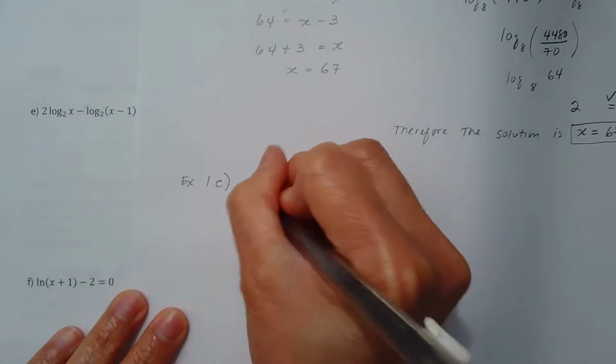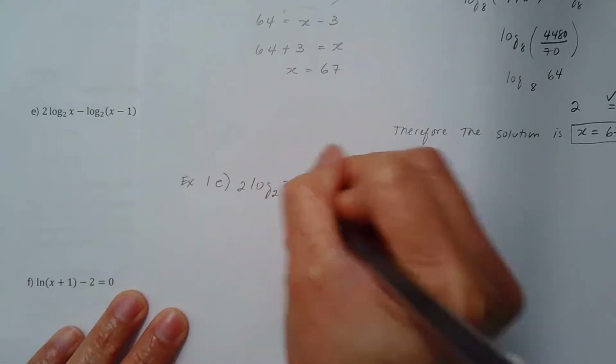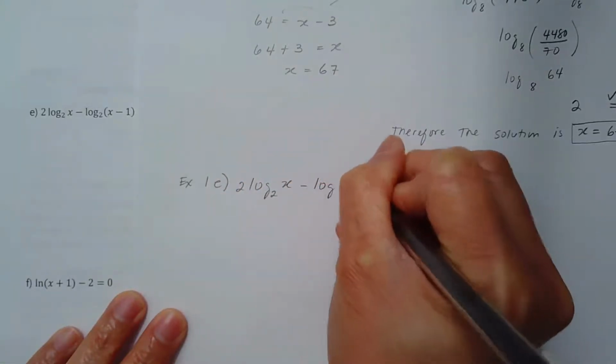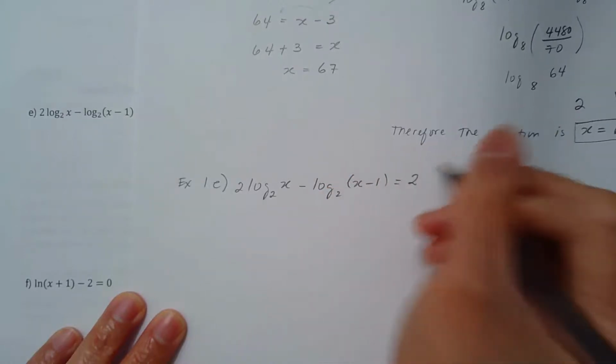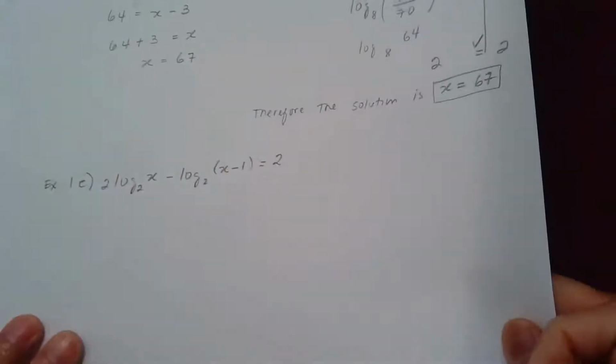So I'm just going to write that down. 2 log of x base 2 minus log of x minus 1 base 2 equals 2. Okay, that's really nice.